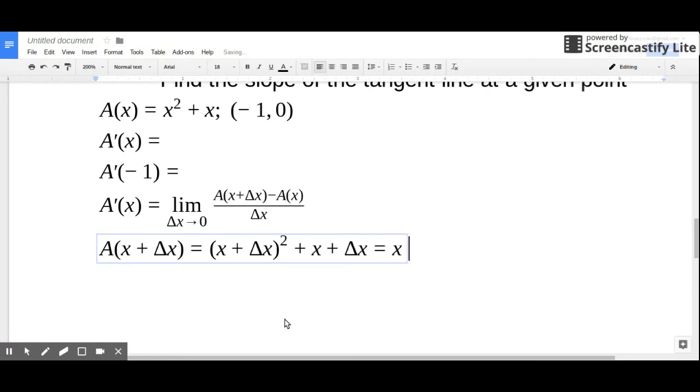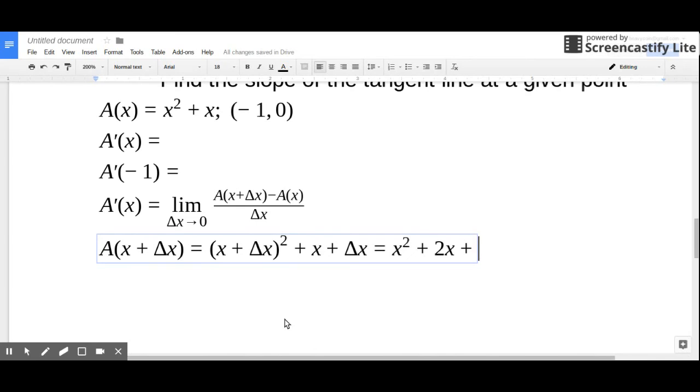So what we'll want to do now is just go ahead and multiply this out and then collect up all our like terms. So we're going to end up with x squared plus 2x delta x, and I wish there was a shortcut key for that. You can type it directly into the screen as long as it's not in an equation box, and it will come up.